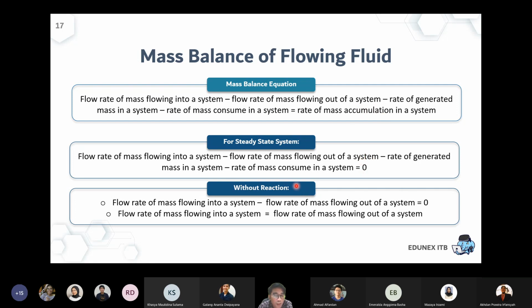And then for just liquid flowing or just gas flowing, there will be no reaction. So for no reaction, you can say that the flow rate of the mass flowing into the system will be equal to the flow rate of the mass flowing out of the system.